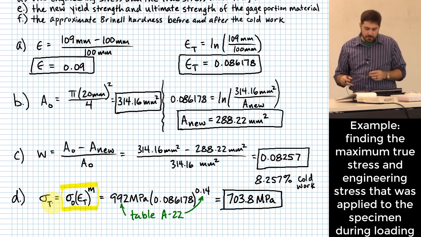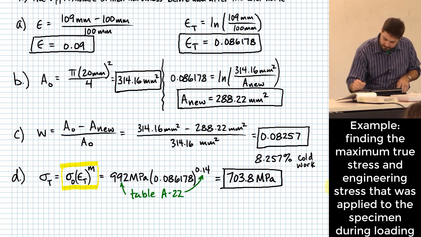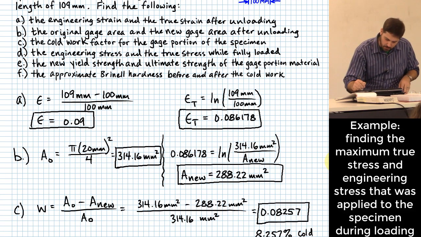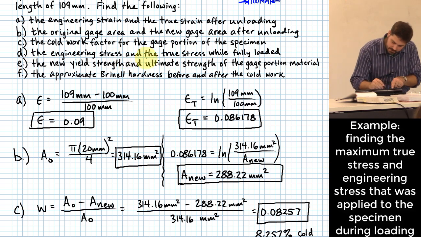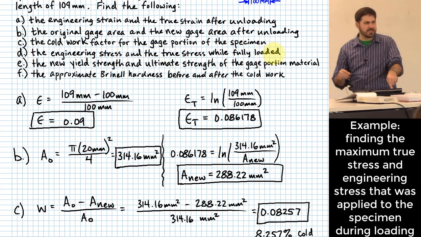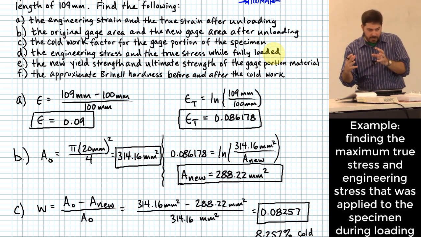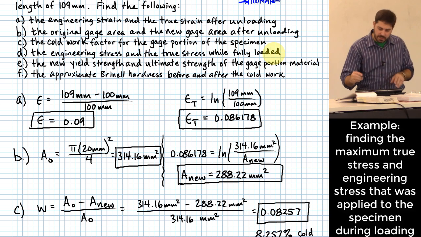What do I need to do if I want to transform that into engineering stress, because that was what was asked for up here? It says the engineering stress and the true stress while fully loaded. I may have said strain a second ago. If you're trying to go from true stress to engineering stress, what do you need to do?